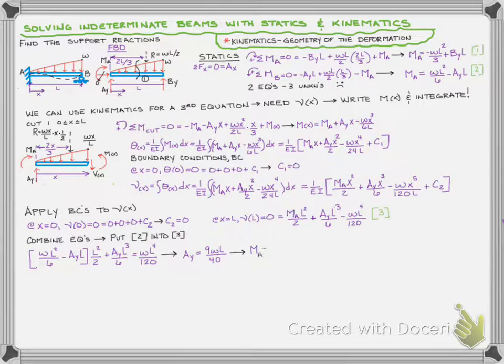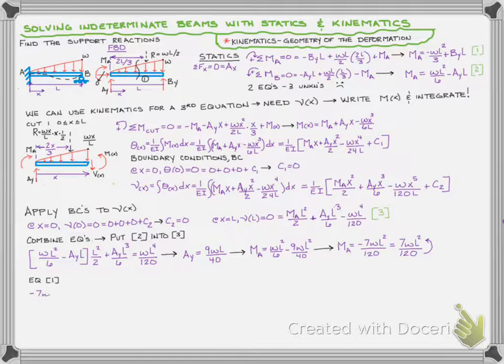Plug that back into equation 2, and we'll get our M_A value, which would be negative 7WL squared over 120. We could also rewrite that as 7WL squared over 120 going in a counterclockwise direction.